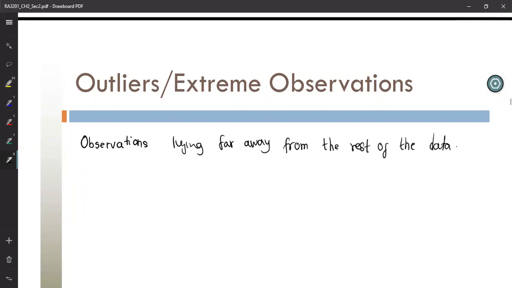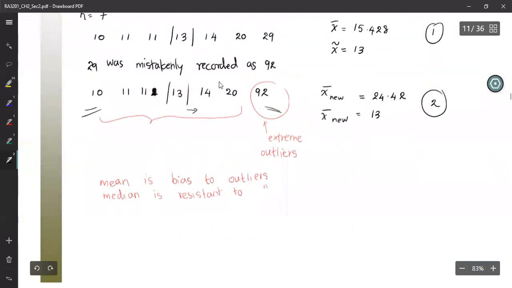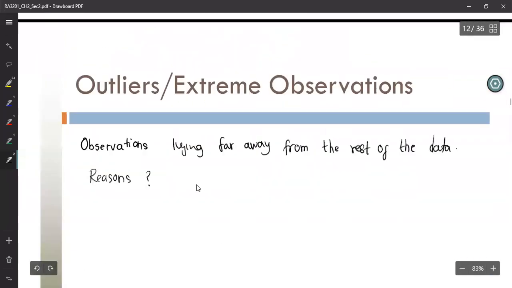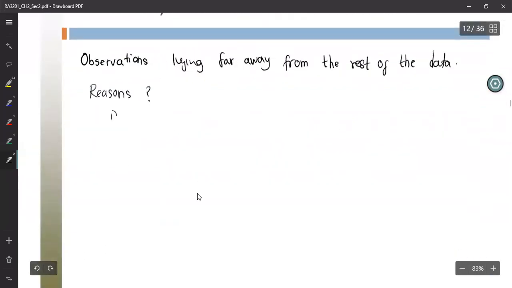Now, what are the reasons for outliers? Any idea? You can see one reason from this example already: recording errors. Sometimes 10 will be recorded as 100 or 1000; mistypes can happen, right?